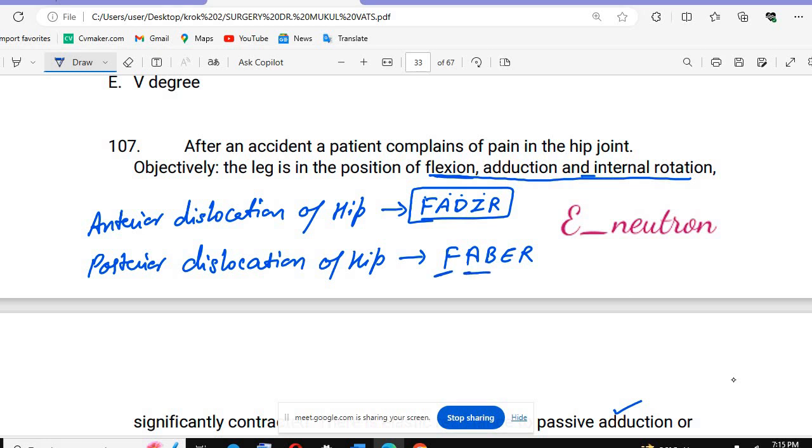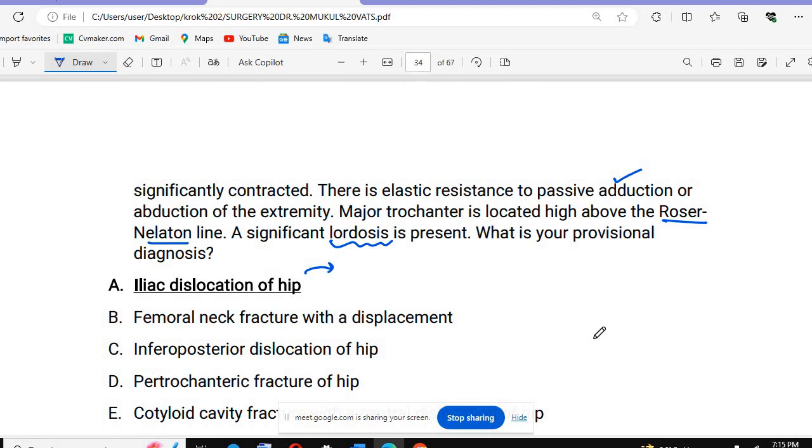The leg will be in the abduction position, and there will be external rotation of the leg. If this condition is there, what does that mean? That is a posterior dislocation. If you see FADIR, it means which dislocation? The anterior dislocation.